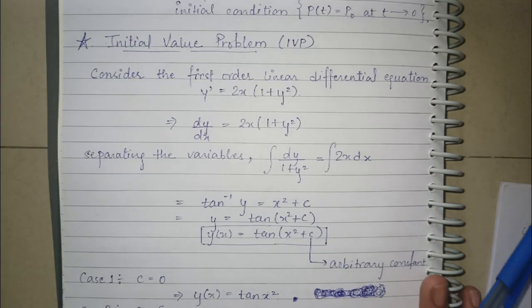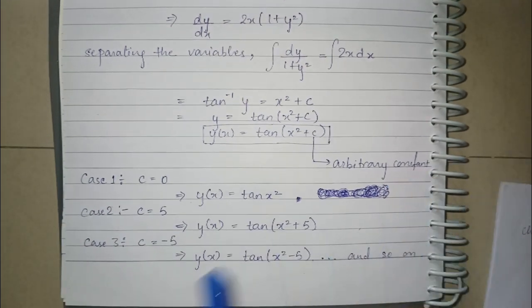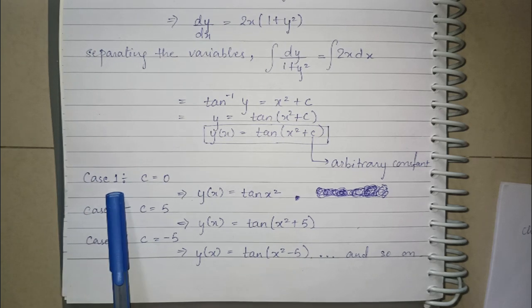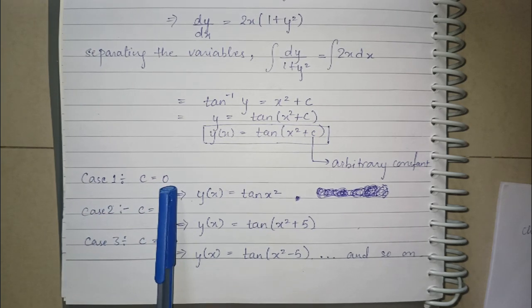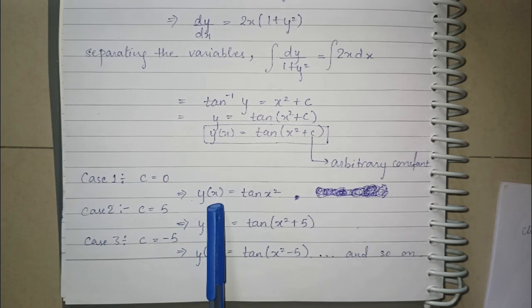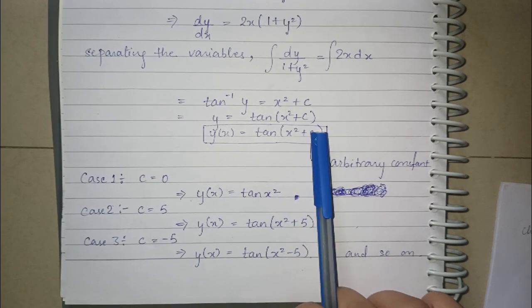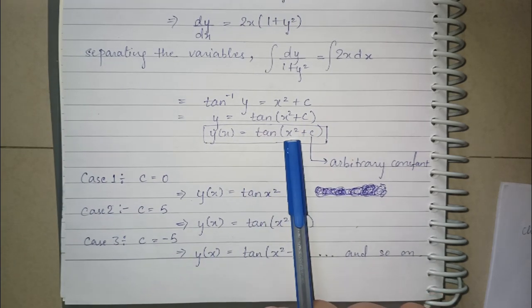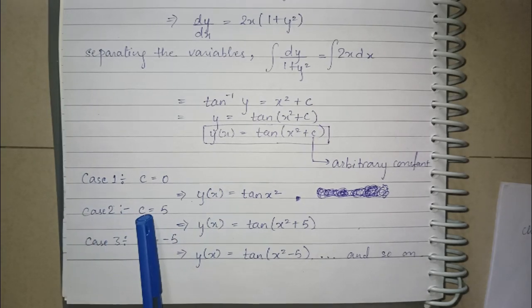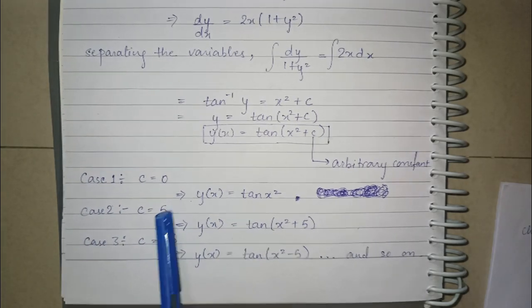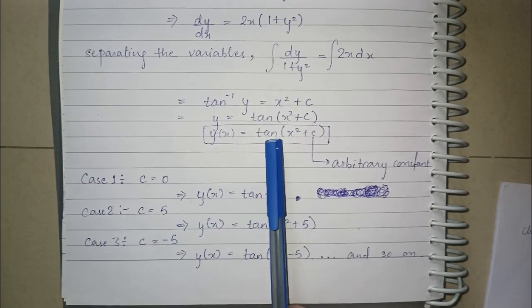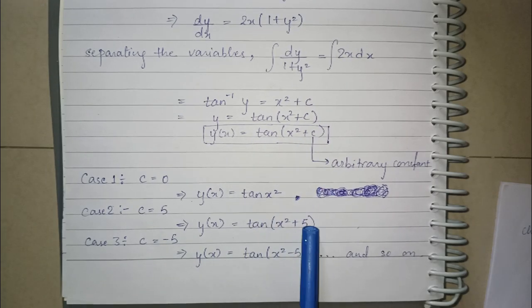Arbitrary constant means we can put any value at its place. Let's try putting some values. In the first case, we put c as 0 and our function becomes y equals tan(x square), because c is 0. Now when we put c as 5, our function becomes y equals tan(x square plus 5).